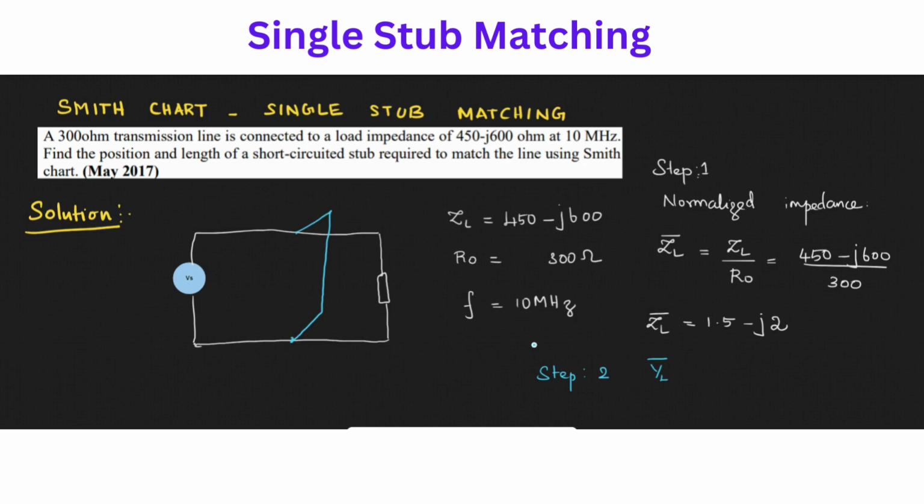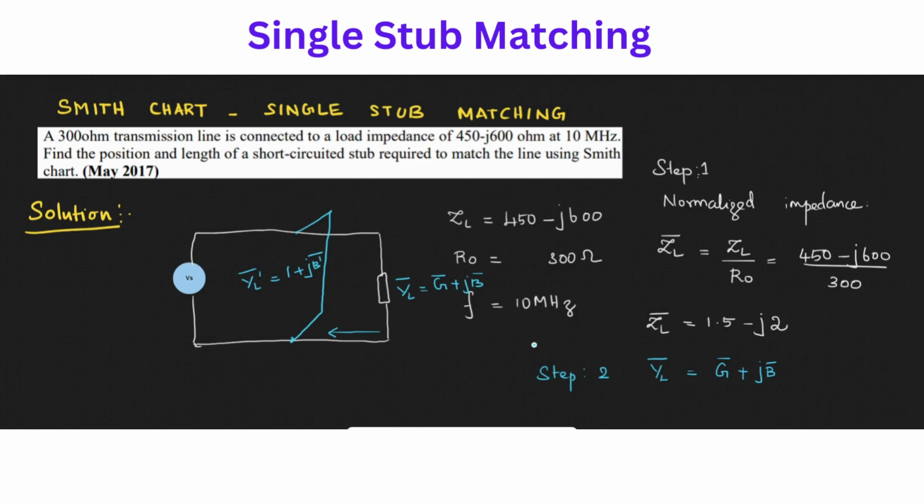Before that, what happens when we represent the load in terms of YL? As you all know, admittance consists of a conductance part and also a susceptance part, right? So YL bar is equal to a conductance part and a susceptance part. As you move along the transmission line towards the generator, there is a point where your conductance will be equal to 1 and you will have a new susceptance which is denoted as jB dash.